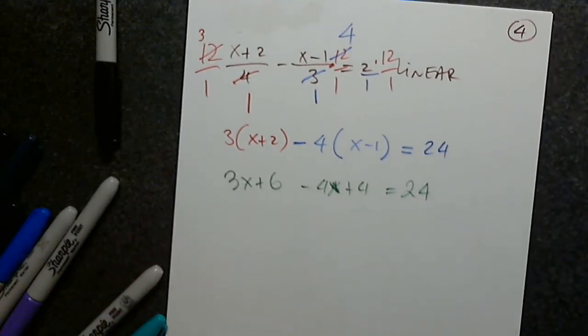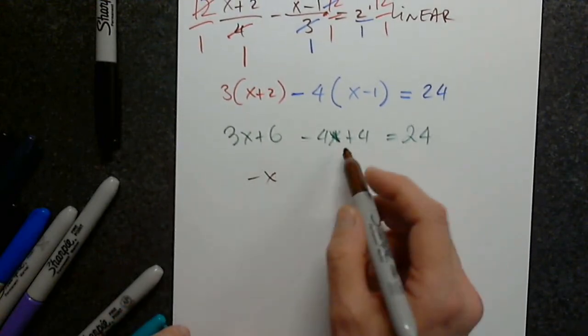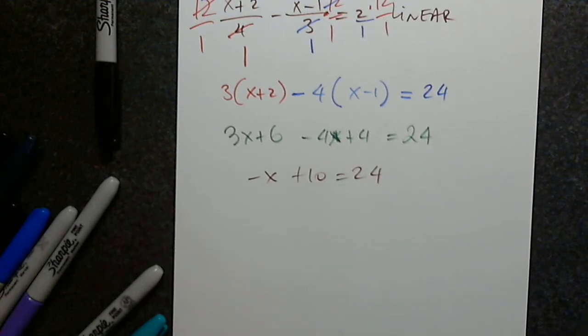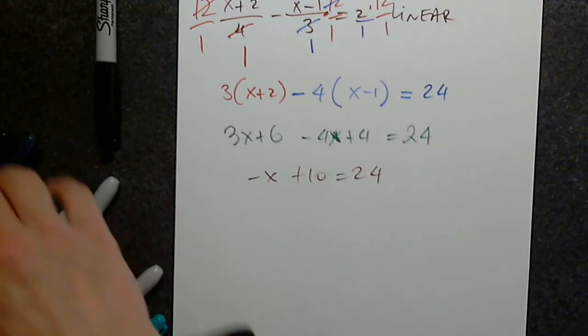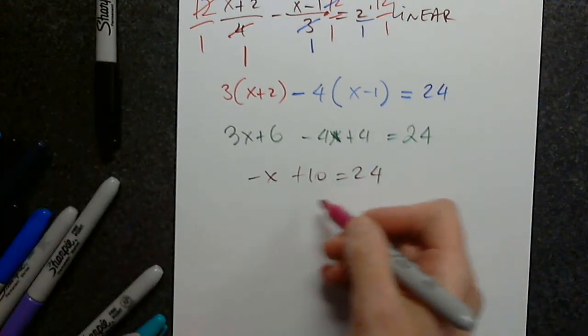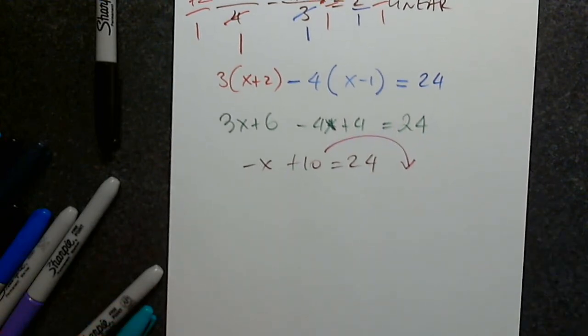Well, in this case, I only have the left-hand side, which is negative x plus 10. I always start with the variable. I always put everything in descending order. You can write minus 10 and minus 10 to both sides. Instead, I prefer saying that I move a term from one side to the other. Every time I move a term from one side to the other, it just changes its sign.